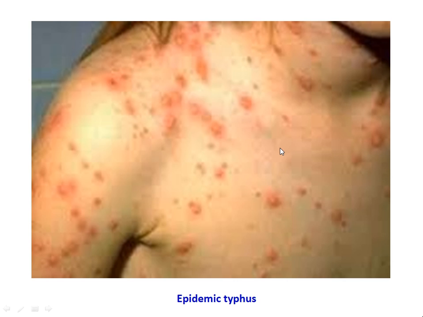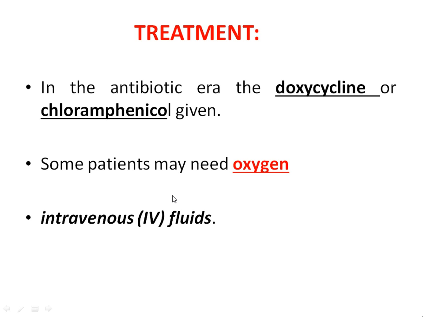Look at this. This slide shows how the rashes appear on the body when the person is infected by Rickettsia prowazekii, and the vector is our body lice. Treatment measures: we are all in the era of antibiotics.